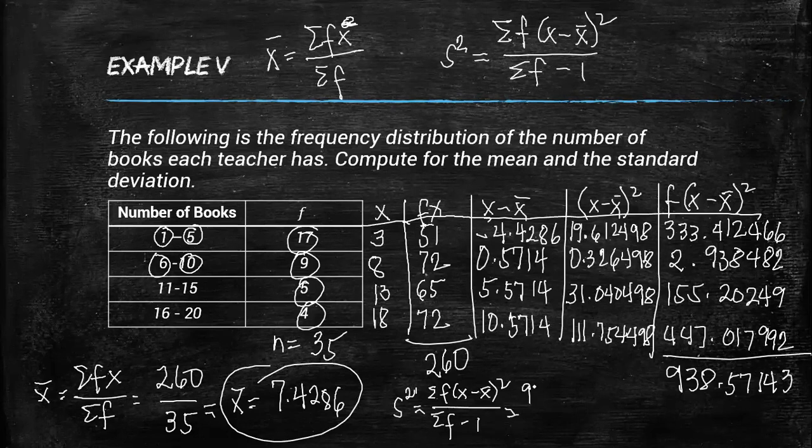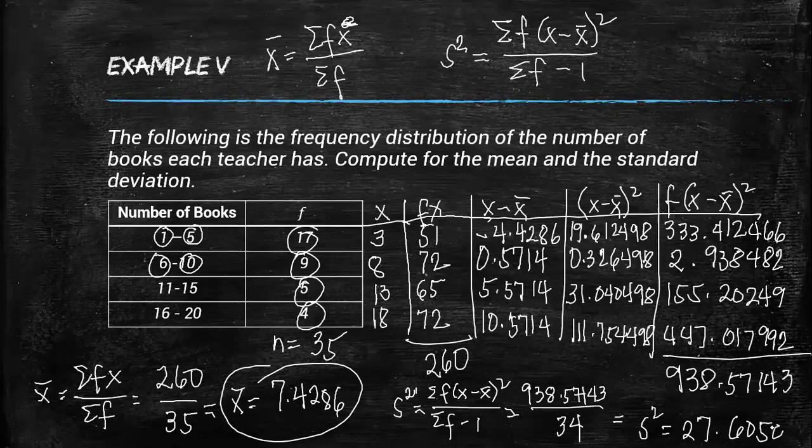So that is 938.57143 over ilan? 35 ang ating summation of F. Minus 1, 34. So divided by 34. So our sigma squared, our S squared, our variance is 27.6050. Kasi 4 yung katabi, kaya 50 lang.